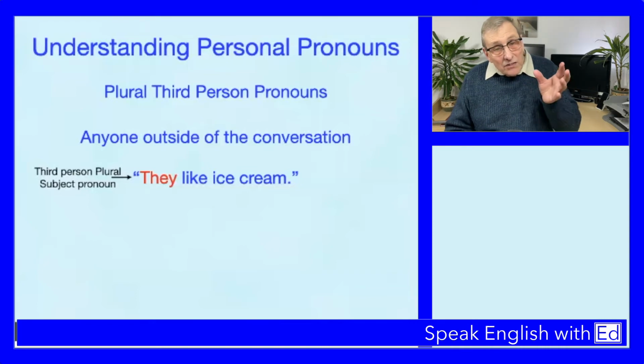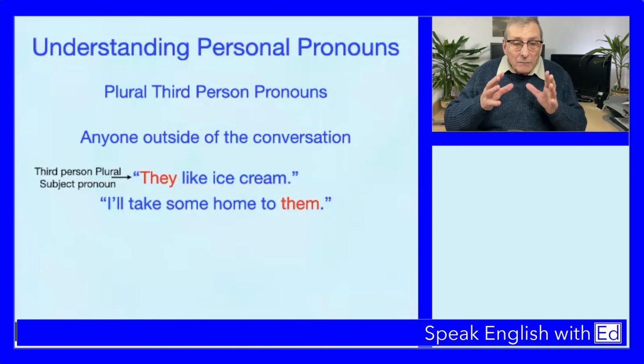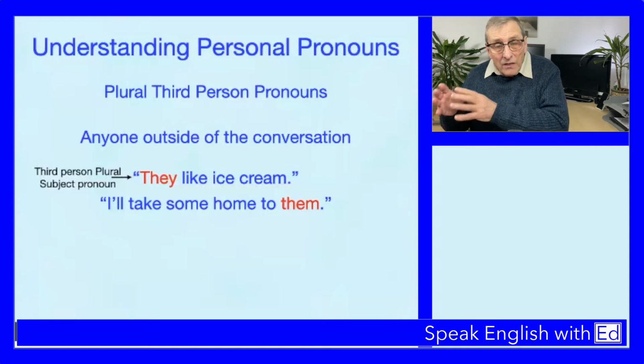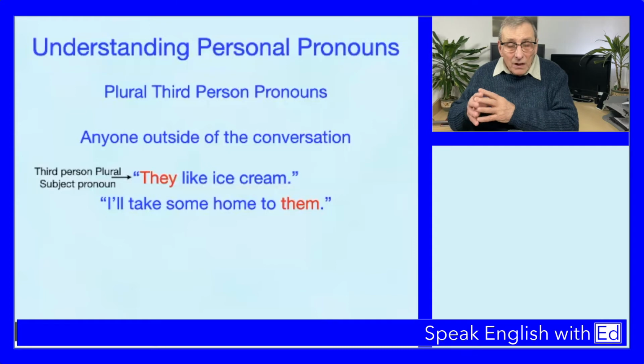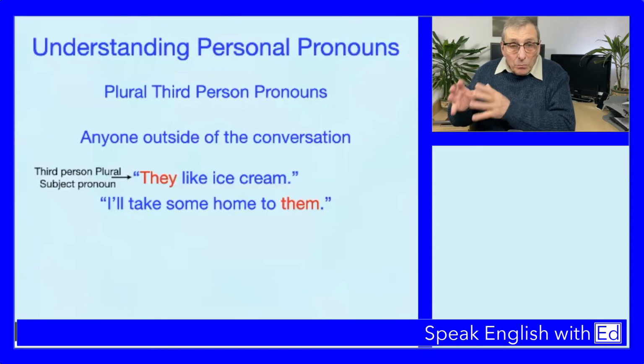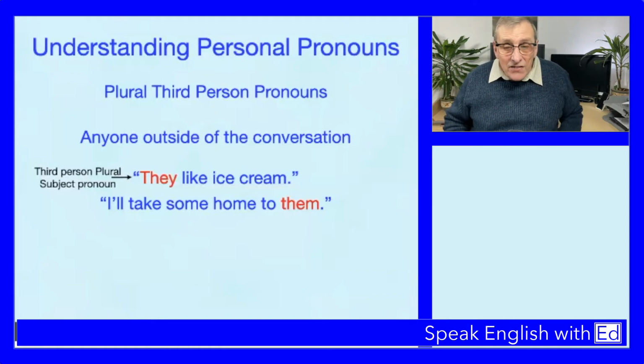Now, if you put them into the object position, you could say, I'll take some home to them. Them is the pronoun. Third person plural in the object position is them.